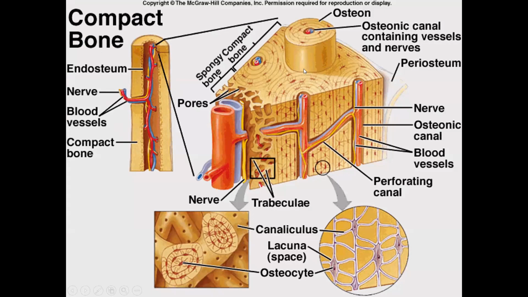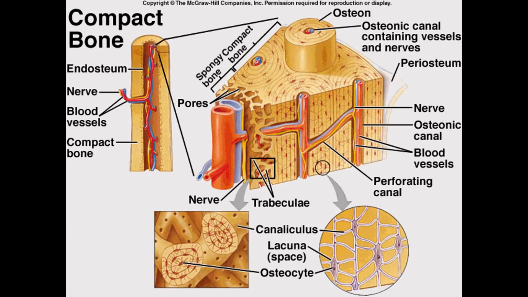The long bones are going to have these osteons. Osteons are a column of bone that will run the length of the bone. It's like a tube or a pillar. Each one of these osteons runs the full length of our bone.